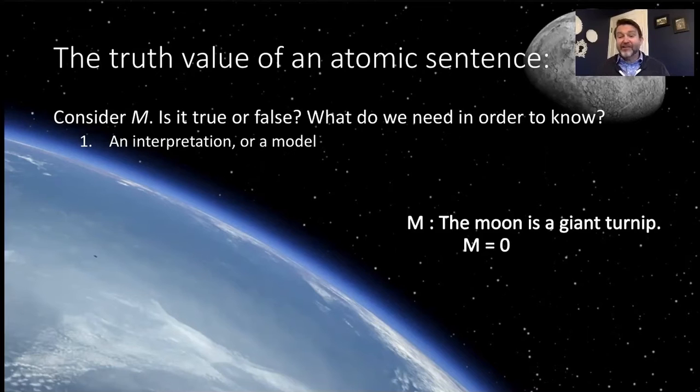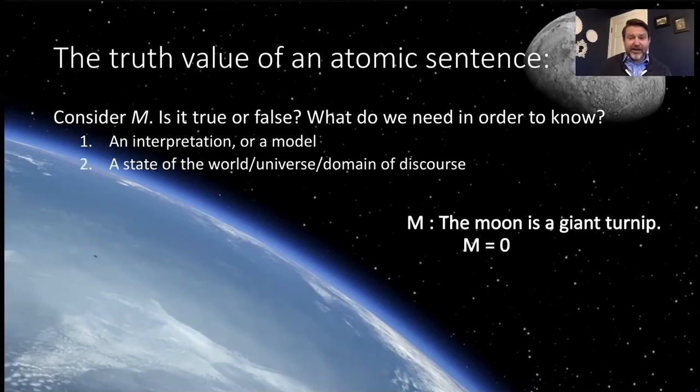But notice that's not all we need, because even with this interpretation, the moon is a giant turnip, we could, in some instances, get a different truth value, right? We also need a state of the world, a universe, or a domain of discourse to tell us whether or not this sentence, M, is true or false.